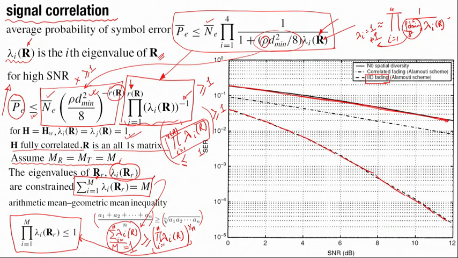Because of a certain amount of correlation, we find that the error probability curve has shifted upwards. There is an upward shift in the error probability curve, which I am tracing by the blue colored ink and thickening the line.